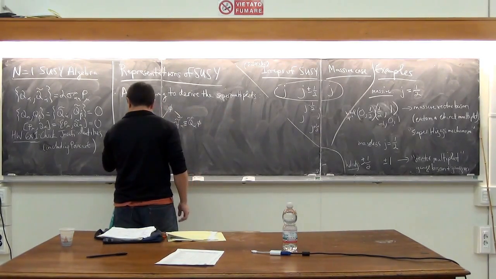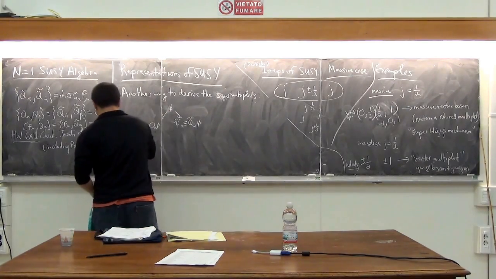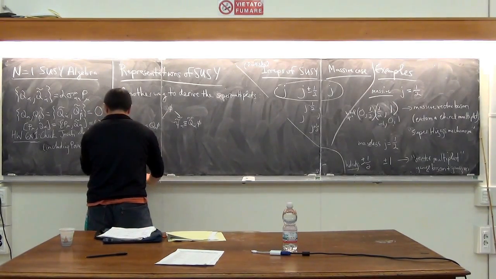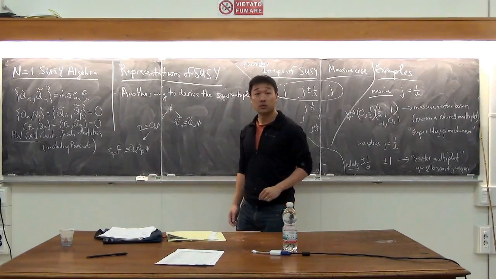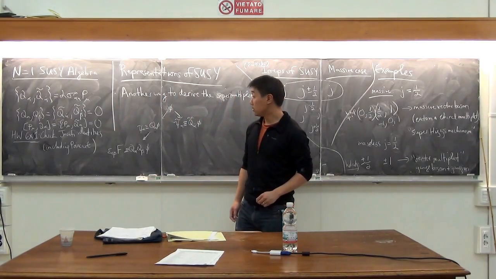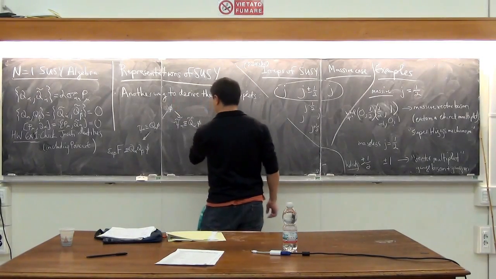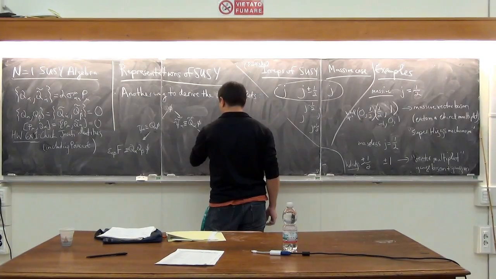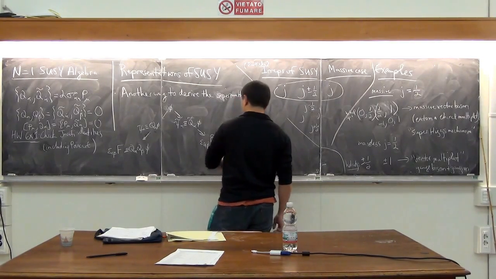To be more precise, I call this thing epsilon alpha beta F. And I can do the same thing over here with the Q tilde: Q alpha dot, Q tilde beta dot on phi.